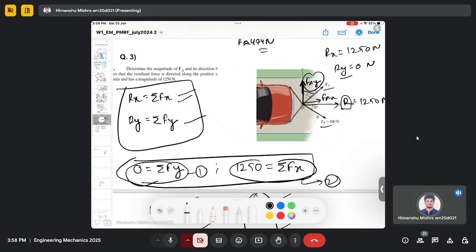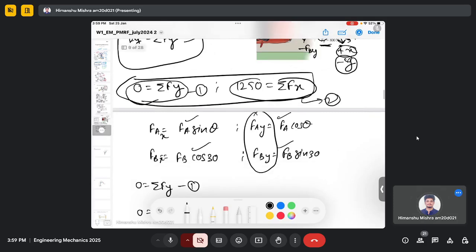But judging from the direction of Fb, which is in the positive x axis and negative y axis, because the force is going downward and going right at the same time, it basically means it's going towards the positive x-axis and negative y-axis.